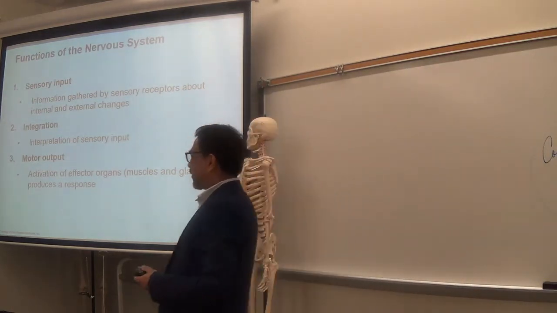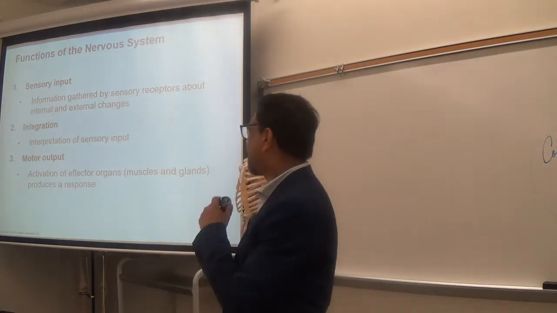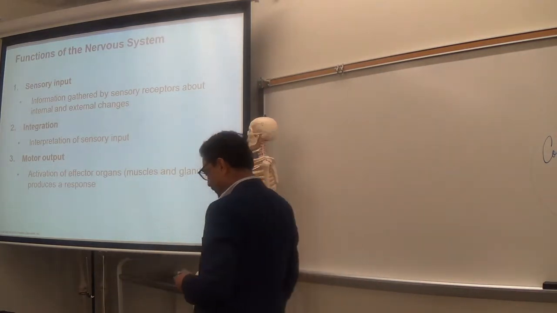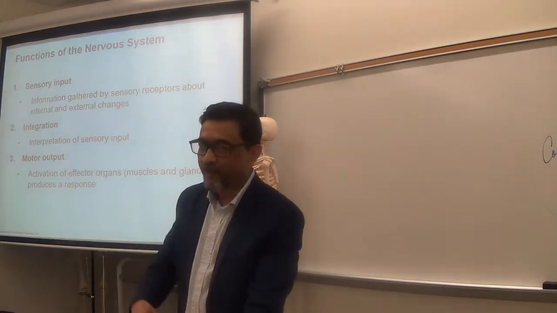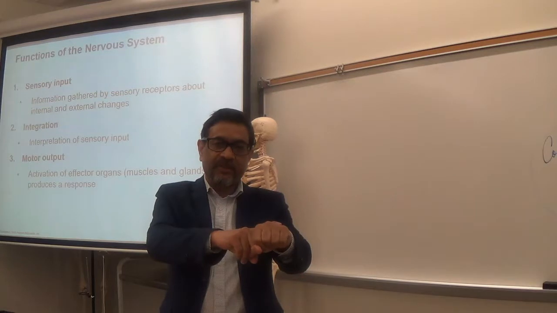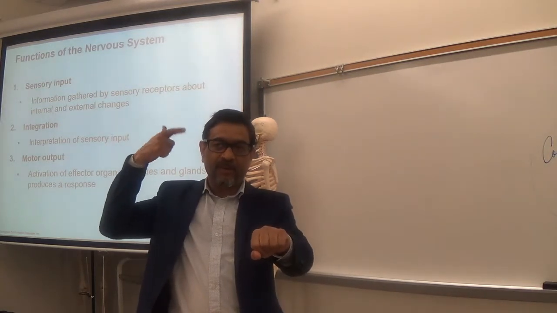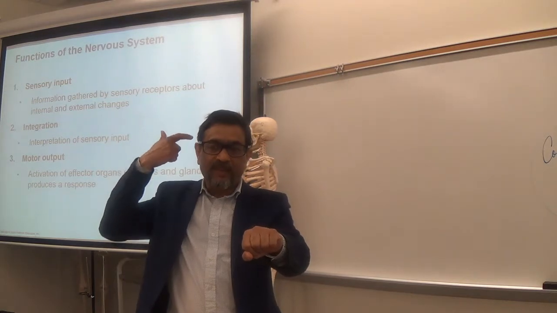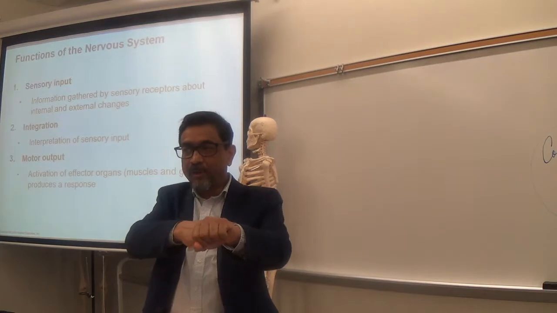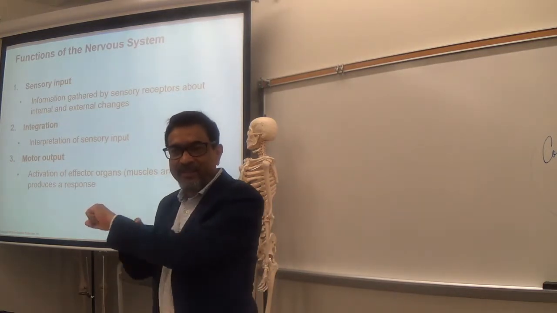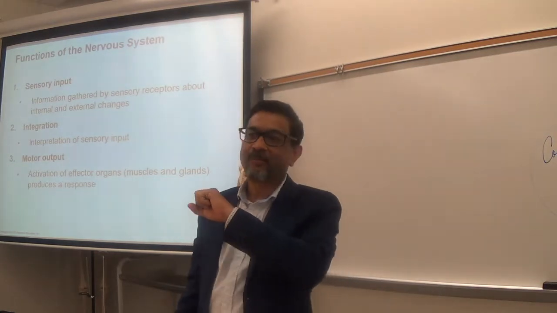And then the brain sends signal to the effector organs to perform the action. Again, same example. If something very hot touches your skin, your brain will interpret that and quickly send a signal where? Now you tell me. From the brain, signal will go to the muscle to move the hand away, right? Skin cannot move the hand away. Who can move the hand away? Muscle, right?